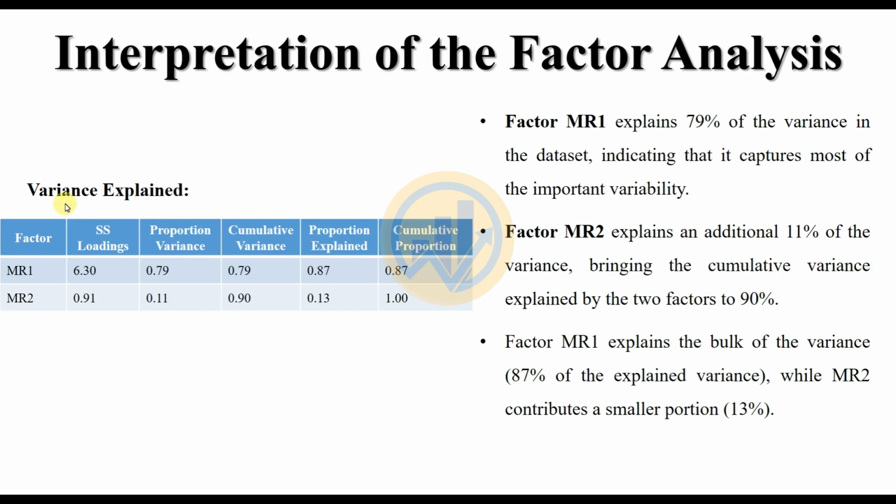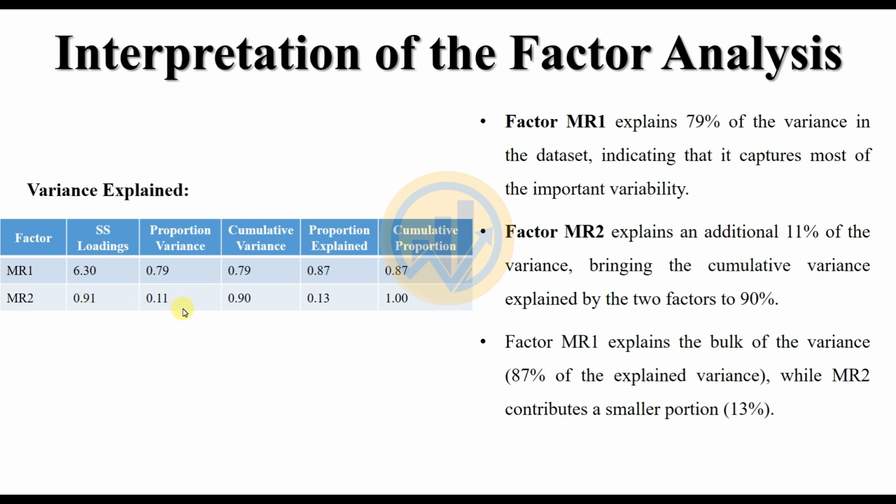The next table is for the variation explained by factors MR1 and MR2. Factor MR1 explains 79% of the variation in the dataset, indicating that it captures most of the important variability.